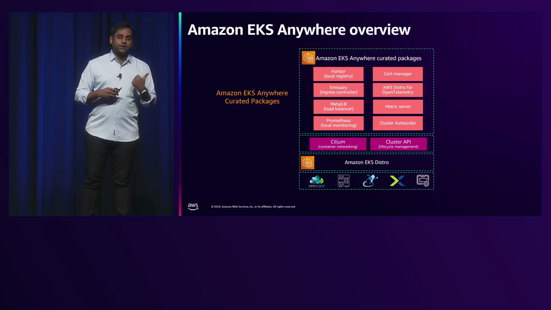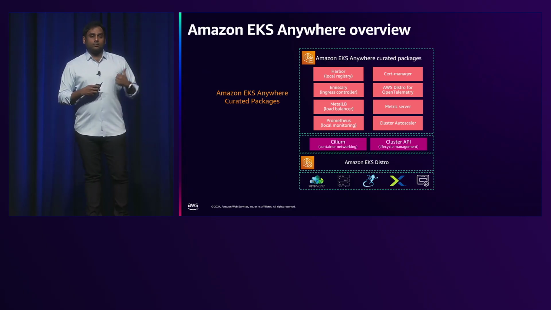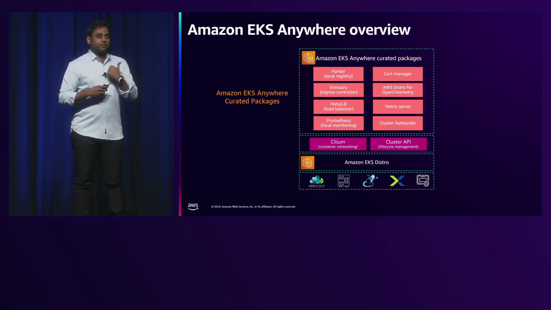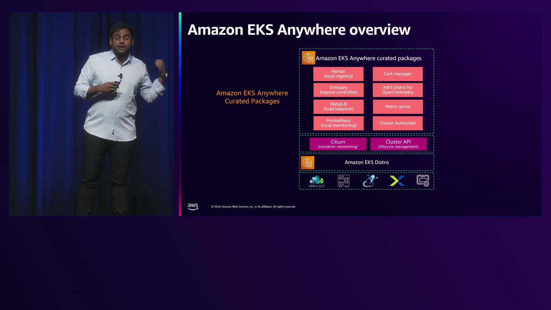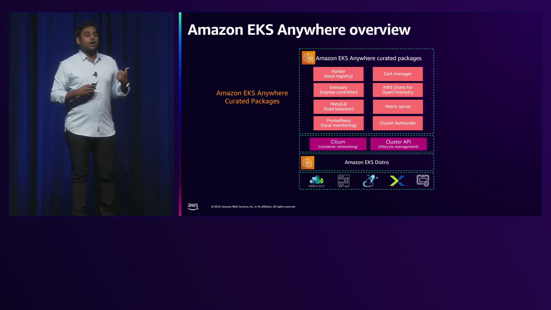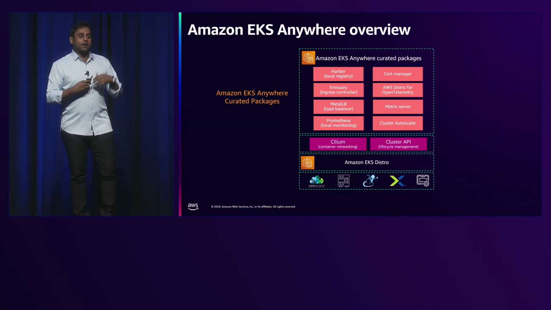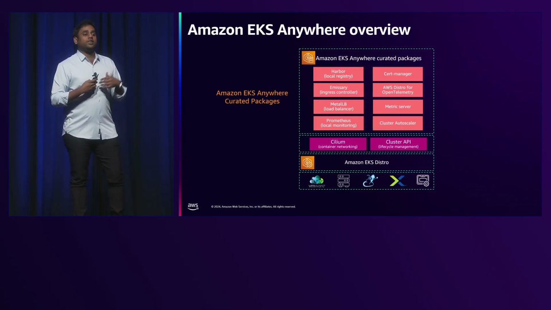Another important aspect here is security. If you are using a specific add-on on Kubernetes and it has some kind of security vulnerability, today, if you are consuming it directly from open source or upstream, you have to wait on the community to give you a patched version.